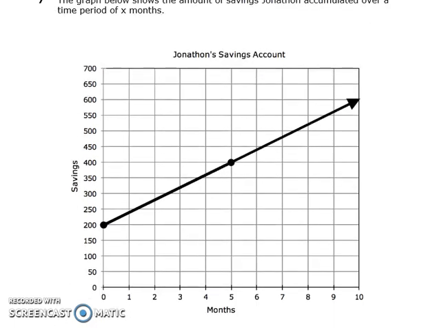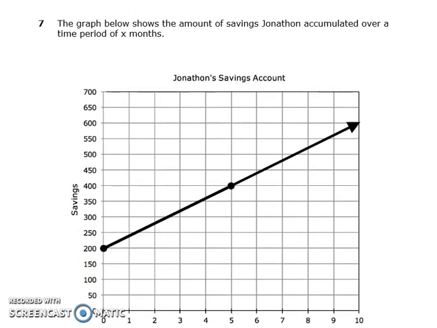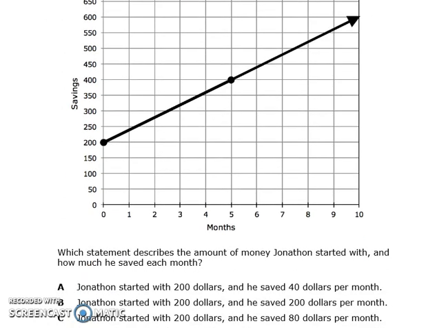Number 7. The graph below shows the amount of savings Jonathan accumulated over the time period of x months. Which statement describes the amount of money Jonathan started with and how much money he saved each month?